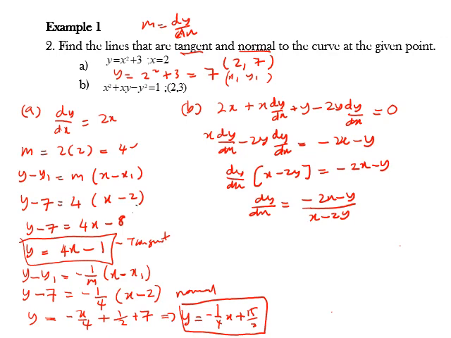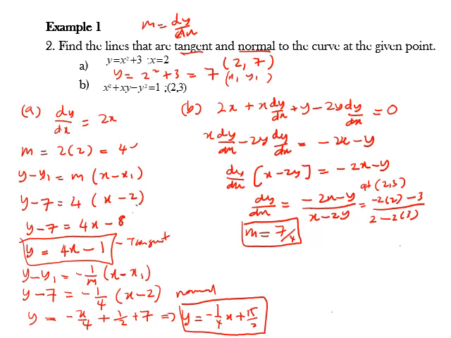So you need to find the m. At the point (2, 3), the m will be negative 2 times 2 minus 3 divided by 2 minus 2 times 3. So your m is equal to 7 over 4.